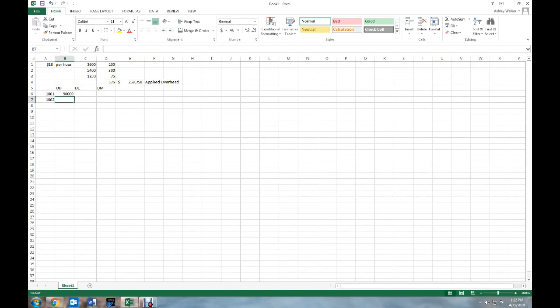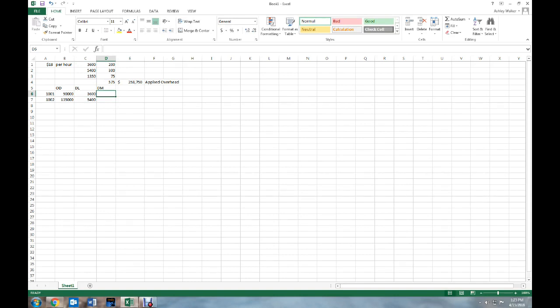For 1002, we had 300 hours at $450 per direct labor hour. So that's $135,000. So now our direct labor, we already have those, so we had $3,600 in direct labor costs for 1001 and $5,400 in direct labor costs for 1002.